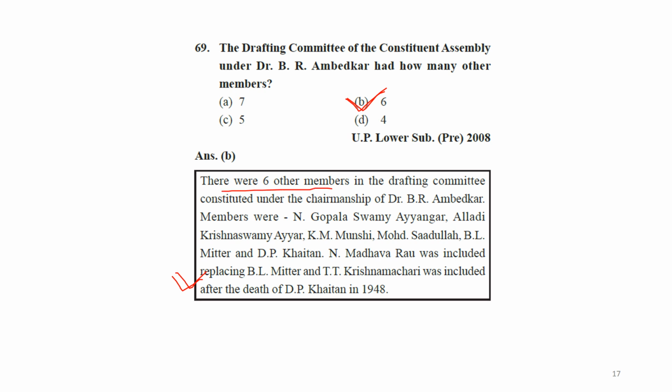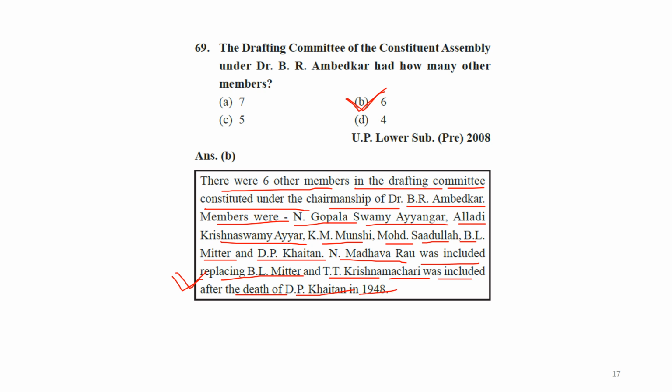There were 6 other members in the Drafting Committee constituted under the chairmanship of Dr. B.R. Ambedkar. The members were N. Gopalaswami Iyengar, Alladi Krishnaswami Iyer, K. M. Munshi, Muhammad Saadullah, B.L. Mitter and D.P. Khaitan. N. Madhav Rao was included, replacing B.L. Mitter, and T.T. Krishnamachari was included after the death of D.P. Khaitan in 1948.